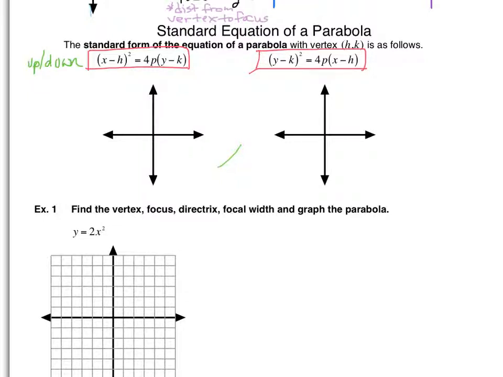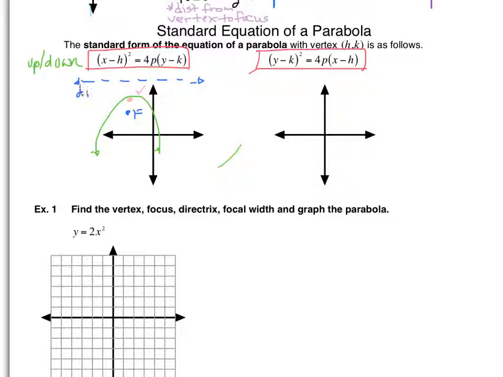Then for chuckle's sake, let's go ahead and plot a parabola over here. So here's my vertex right here. And then I'm going to plot a parabola that opens down. That means that my focus would be below the vertex here, and my directrix would be on the opposite side, but equal distance from the vertex here.